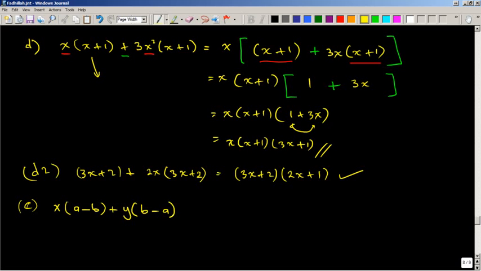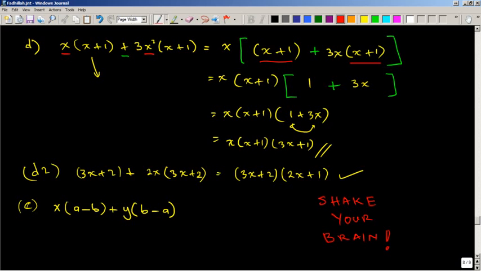Can you factorize that? Shake your brain. Shake your brain a little bit.